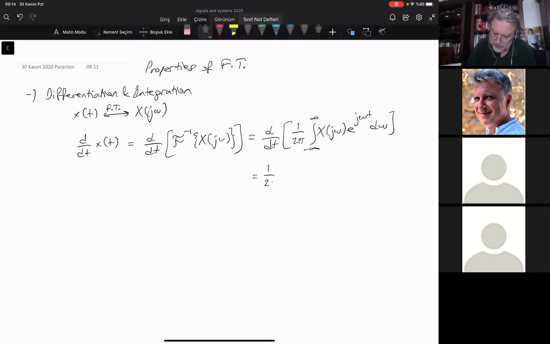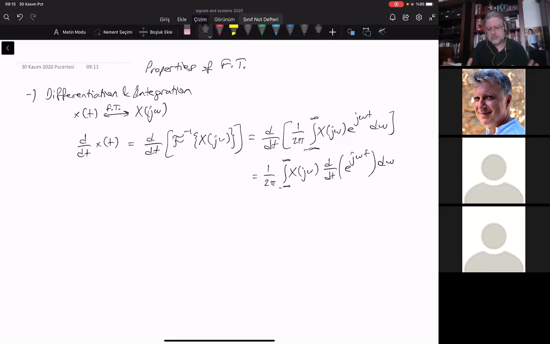So I can write it like this, 1 over 2 pi. Is there a question? Okay. So what I'm doing is this. Let me show it to you. d by dt of e to the j omega t d omega.